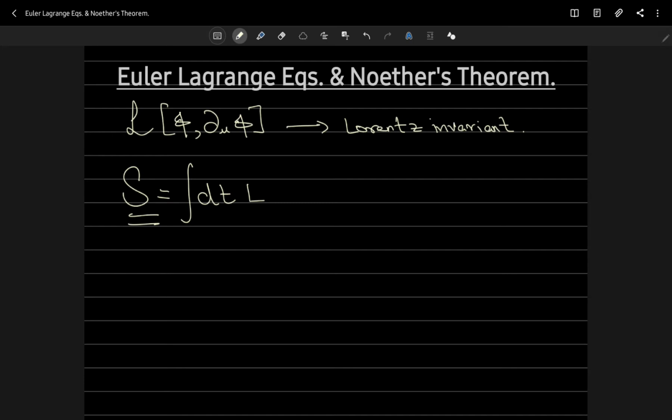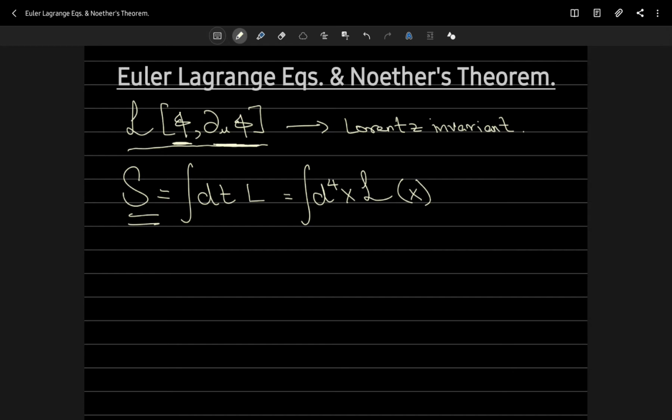But if you move towards the 4-vector formalism, you can write this as the integral d4x of your Lagrangian density. This Lagrangian density is a function of your field and the derivative of the field, so you could make an analogy with position and velocity. The field is like the position, and its derivative is the velocity.